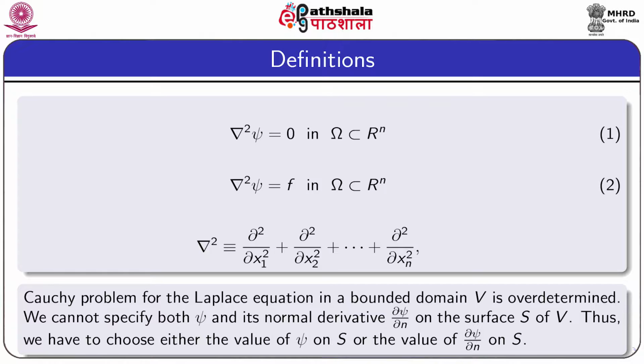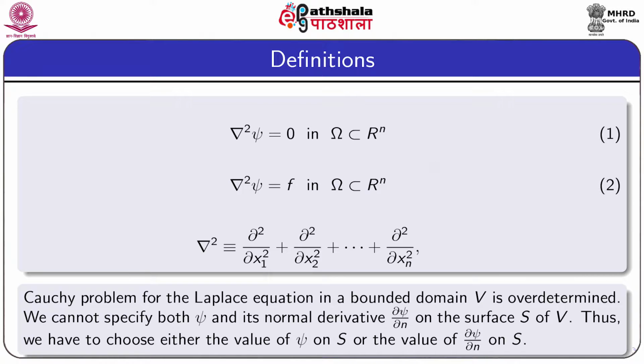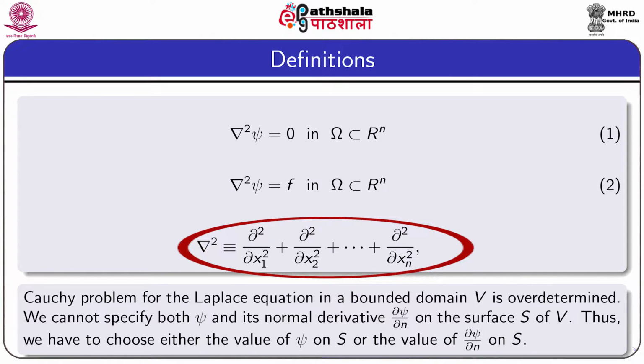The equation is written as equation number 1, and the Poisson equation is written as grad square psi equals f, where the functions psi and f are defined over the domain omega, which is a subset of R^n. The operator del square is defined as del 2 del x1 square plus del 2 del x2 square plus ... plus del 2 del xn square.